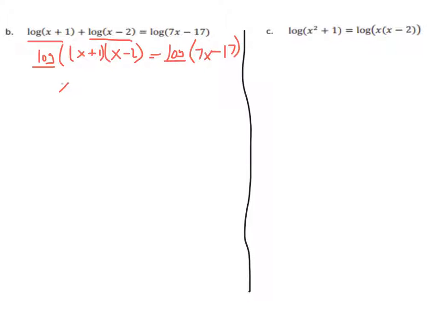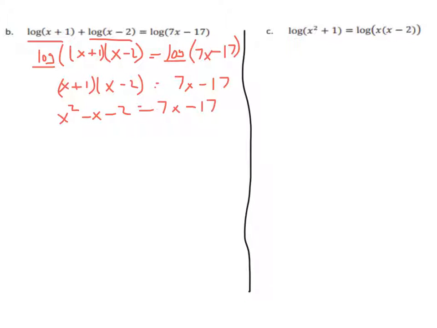So it's real easy: x plus 1 times x minus 2 equals 7x minus 17. Go through your box, or FOIL, or just double distribute, and you will get x squared minus x minus 2 equals 7x minus 17.